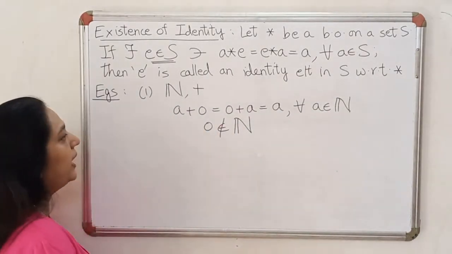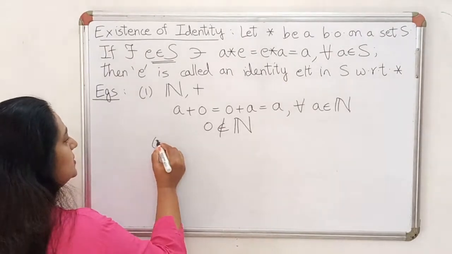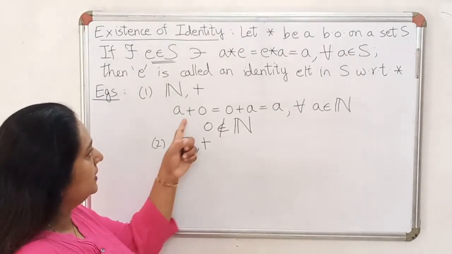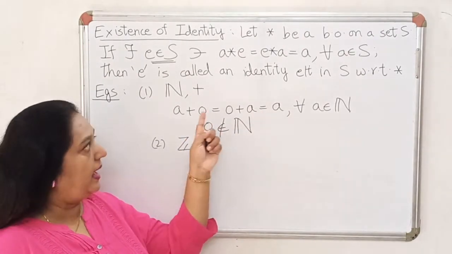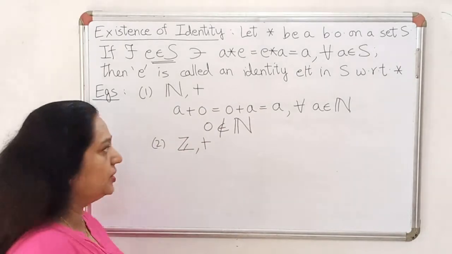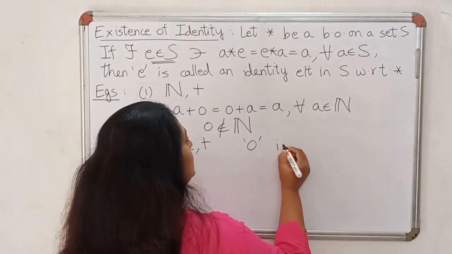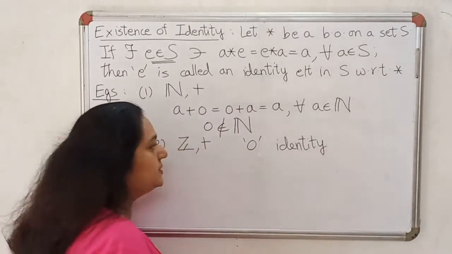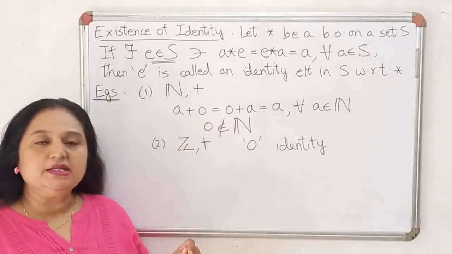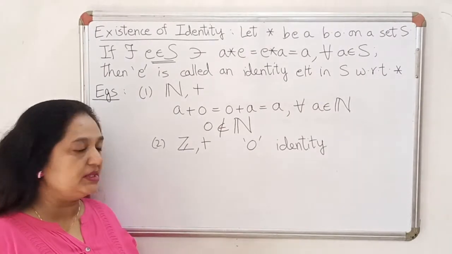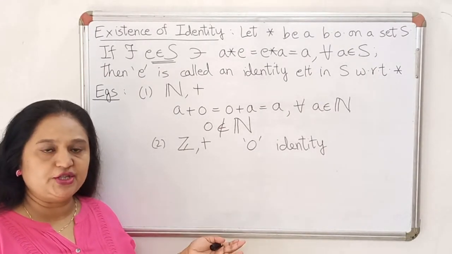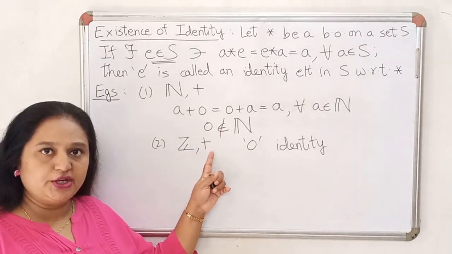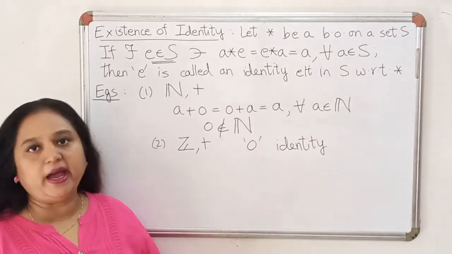However, if I look at the set of integers with respect to addition, then the same thing applies, and now 0 is an integer, so our usual number 0 becomes the identity in Z with respect to addition. Similarly, in the other sets of numbers that we have studied, that means rational numbers, real numbers and complex numbers, for addition 0 is the identity.